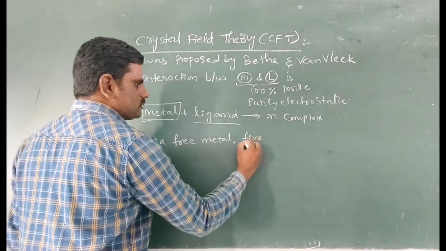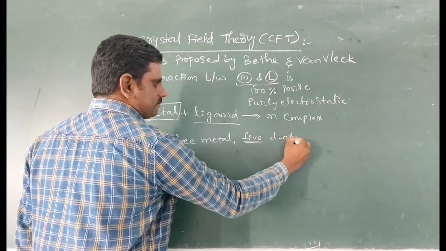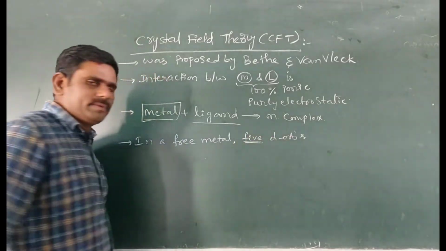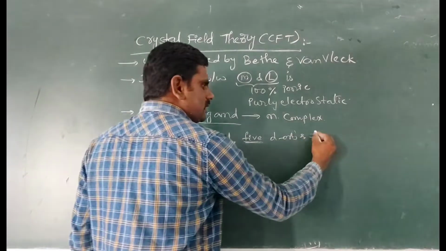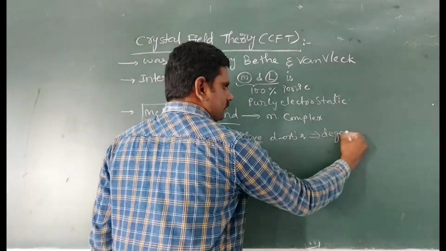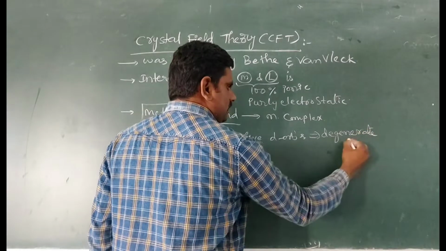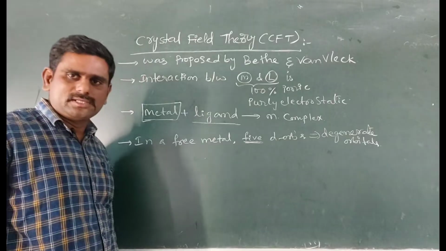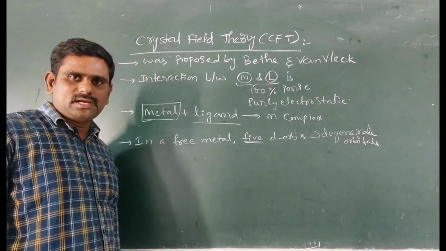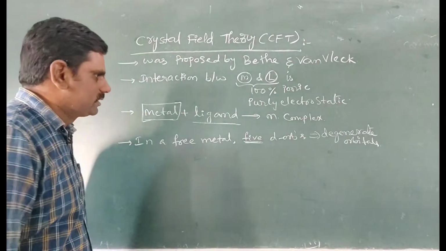How many d orbitals do we have? 5 d orbitals. These 5 d orbitals have the same energy, that's why they are termed degenerate orbitals. The meaning of degenerate orbitals is orbitals which have the same energy.